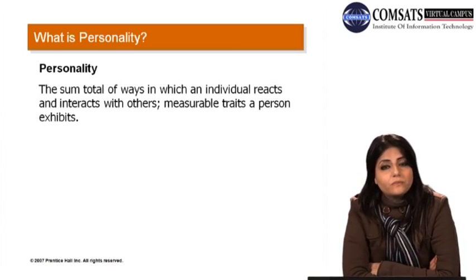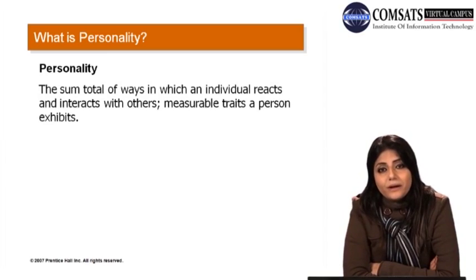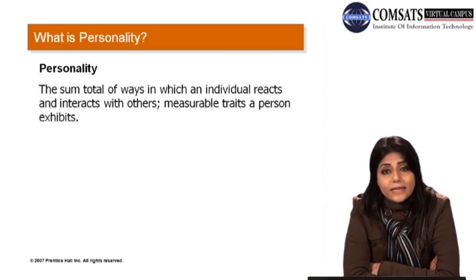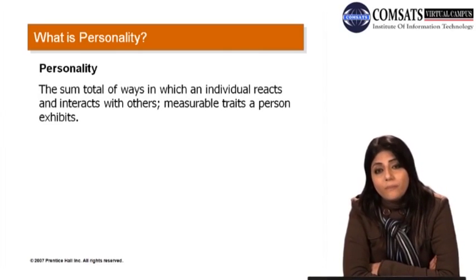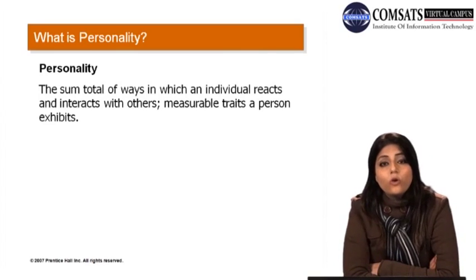But as this definition indicates, it's not about one single part of an individual, but it's a sum total, right? And it is the aggregate, and that aggregate is greater than the sum of the parts, right? So a personality is in whole, when you're seeing somebody in whole.